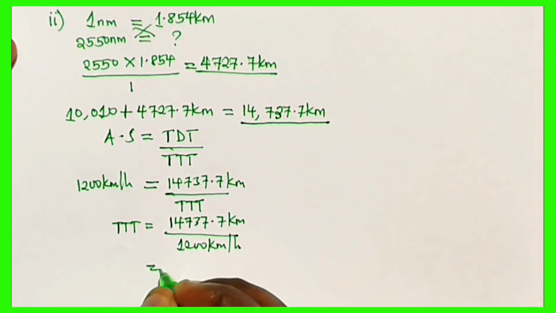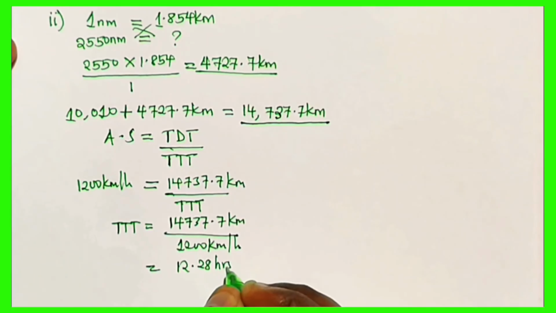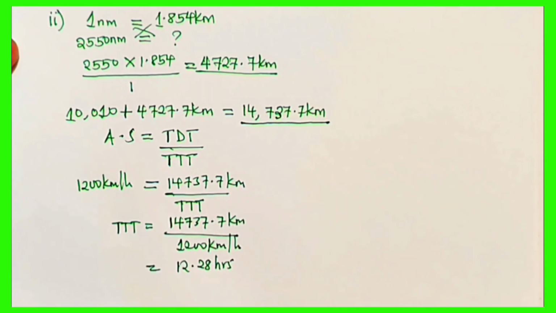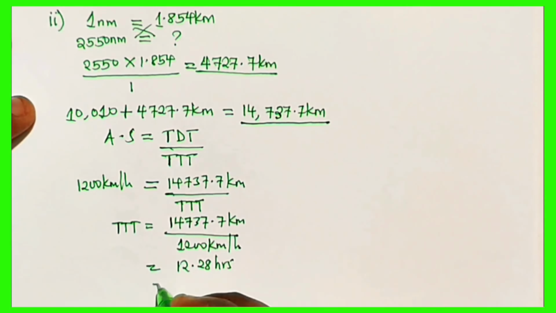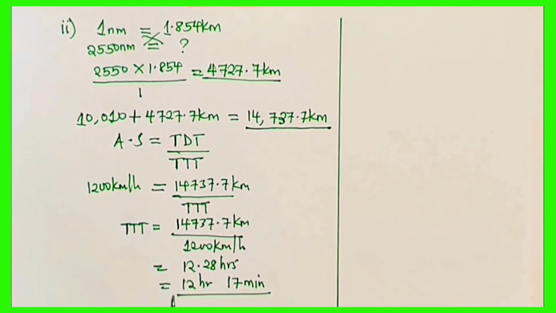And the solution here will give us 12.28 hours, which, when you convert into hours and minutes, you are going to get 12 hours and 17 minutes. And remember, this time is inclusive of the 45-minute stoppage at B.